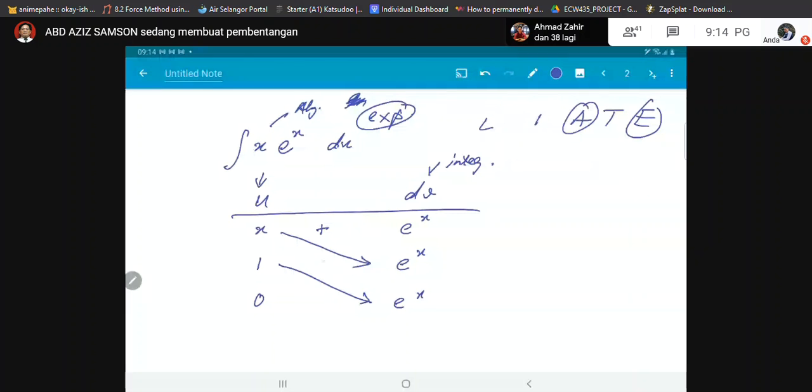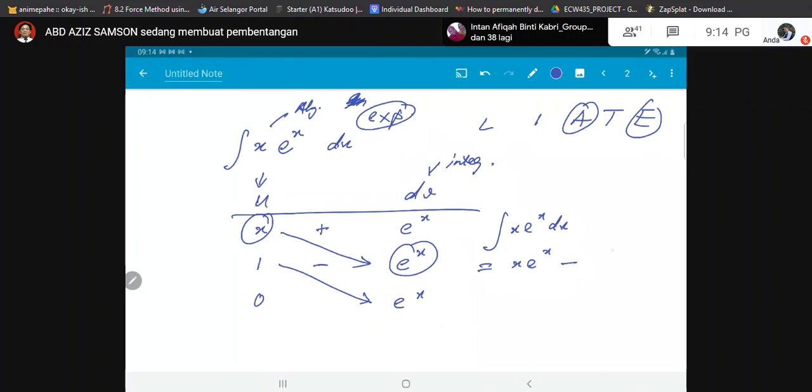Right, so what we have there, the integral of x e to the x dx will be equal to, the first one there will be x, you take according to the arrow there, it will be x e to the x minus the integral there, which will be a product of this and this, so it will be minus e to the x dx.